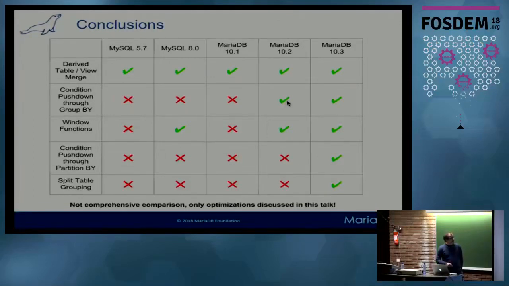And also condition pushdown for partition by and split table grouping is only available in MariaDB 10.3. So we're hoping that MySQL can also implement this, because if more users get optimizations, it's better for everybody. Obviously, this is not a comprehensive comparison. I'm not trying to show that MySQL doesn't have any features or that we have a lot more. This is just on the features I talked about during this talk.